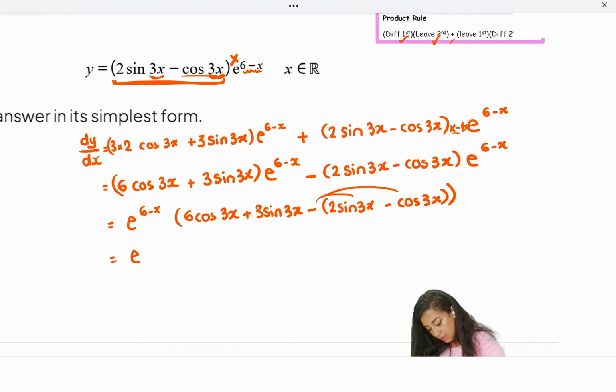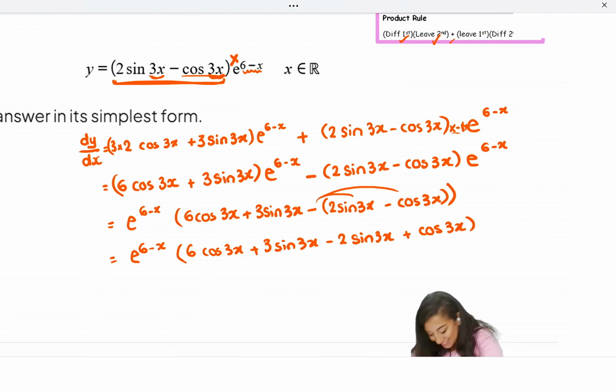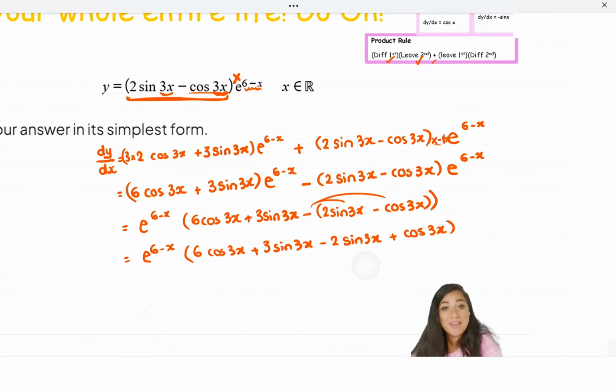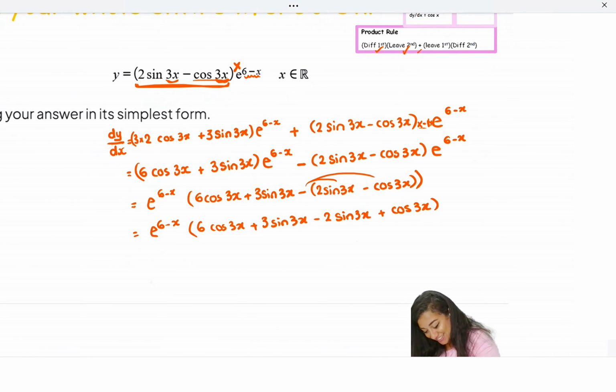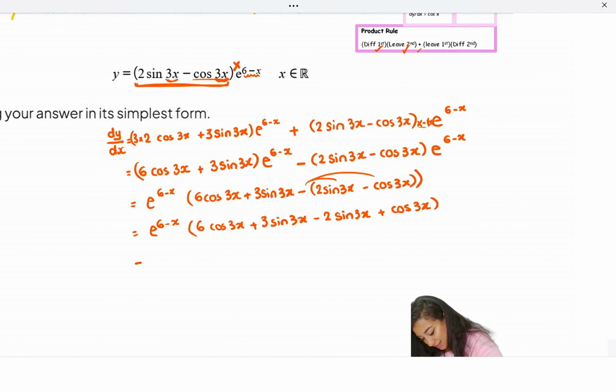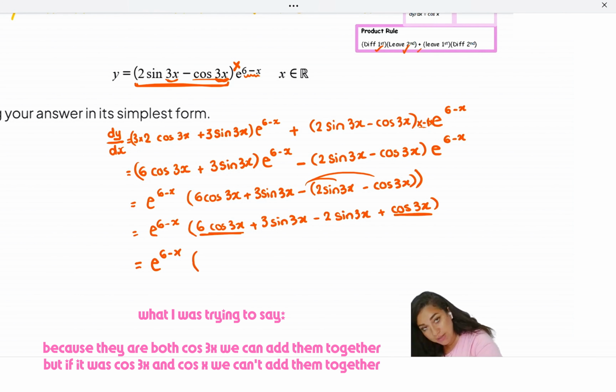So equals e to the 6 minus x, it's minus 2 sine 3x and then plus cos 3x. Okay, can we simplify this more? Oh yes, we can. So we've got e to the power of 6 minus x, and then let's put the cosines together, the sines together. Remember, because it's cos 3x and this is cos 3x, don't even think about it.